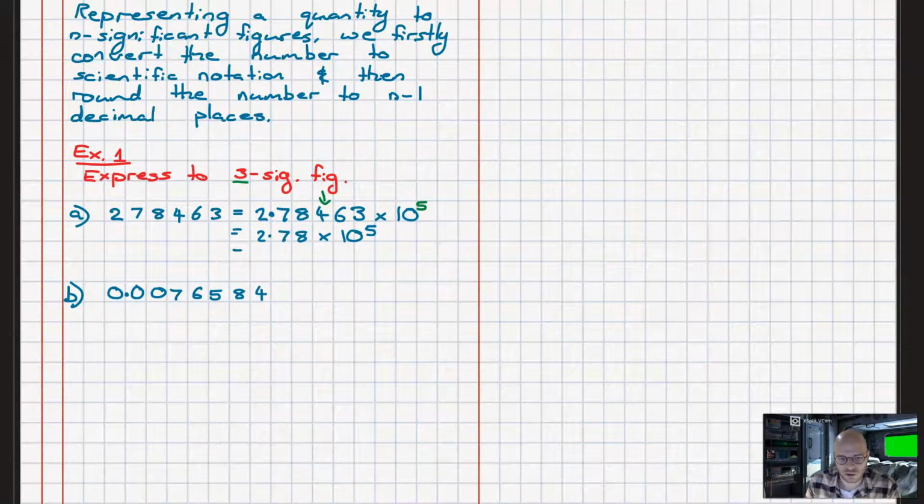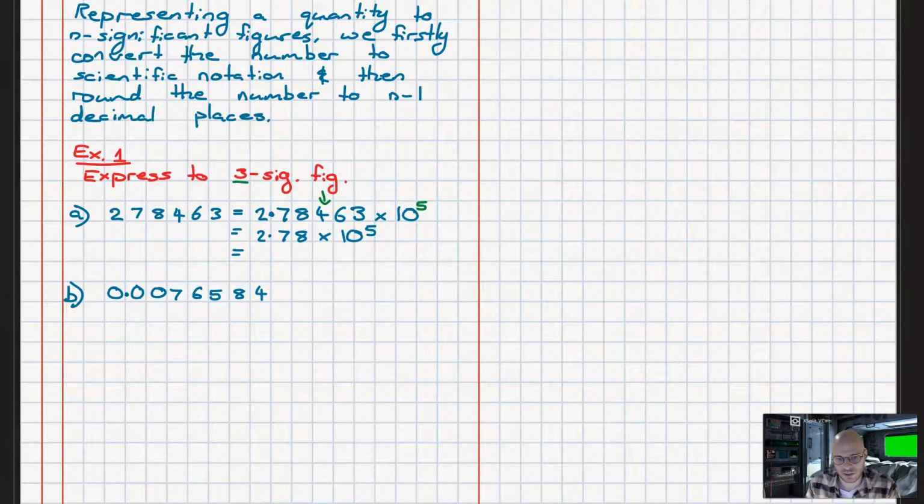Now if we wanted to, significant figures doesn't necessarily mean we have to represent a quantity in scientific notation. Rather, it only says that we have to represent the three significant figures of the number, or the three most important digits within the number.